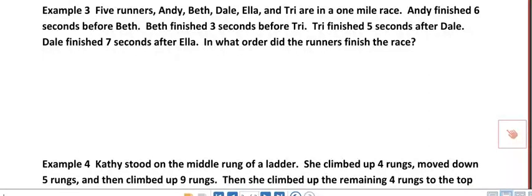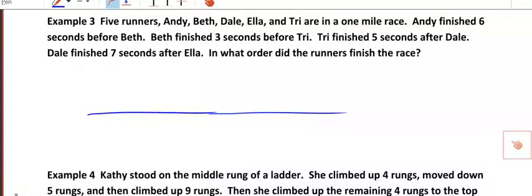Figure out a strategy. You might want to use a tool or device that's going to help you put these folks in their correct positions. And hint, you might want to use a number line. So give it a try. Using a number line, I can get started with this problem. I'm going to start with the first thing that's mentioned. Andy finished 6 seconds before Beth.